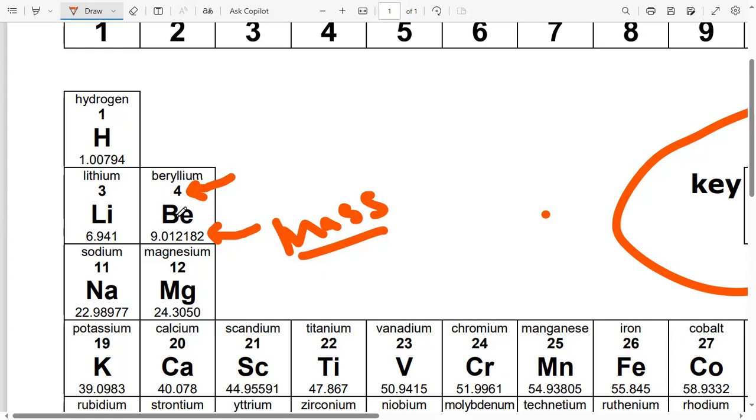And then when you get the masses of those isotopes and find the average, that average is the one that they put on the periodic table. So all these decimal numbers that you can see here are just the average of the isotopes for this specific what?